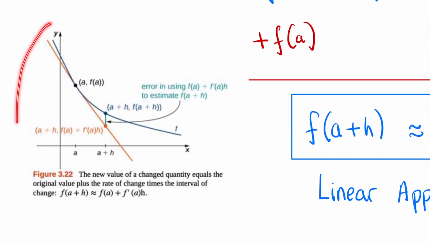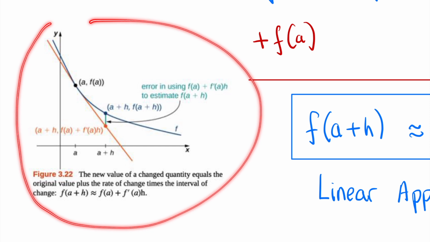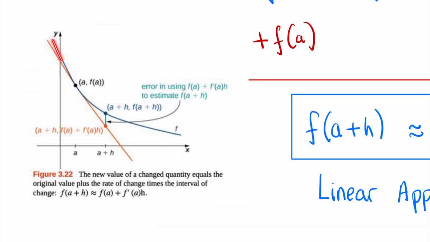Now, let's look at the graph. The blue curve represents the function f of x. The point (a, f of a) is our starting point. Now, we move a small distance h to the right, reaching a plus h. The true value of the function there is f of a plus h.